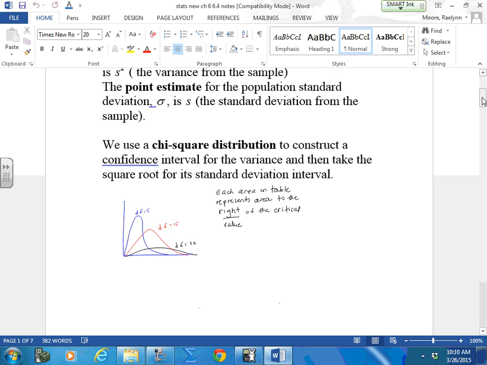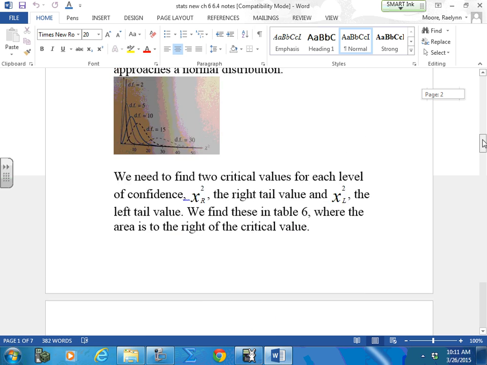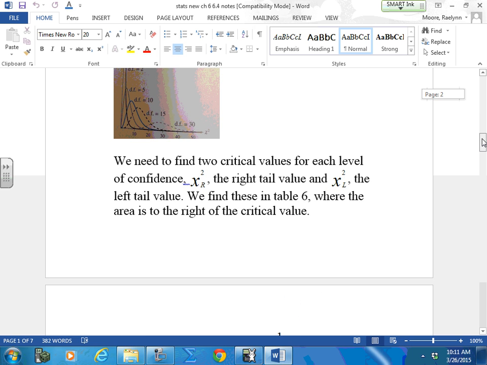Now, the chi-square works very differently than your normal curve. It's a series of curves again. It goes based on the degrees of freedom. If you look at your chart, you can see degrees of freedom along the left-hand side. The degrees of freedom are n minus 1. I've got a better chart over here, and I'm going to put this in your notes.